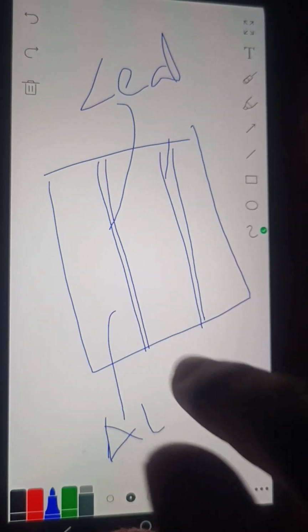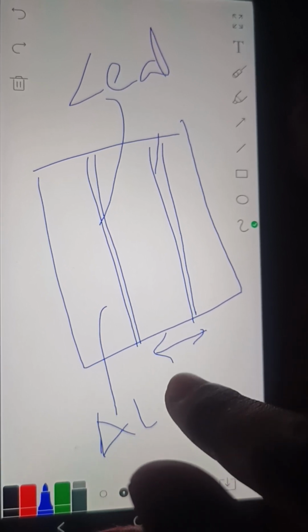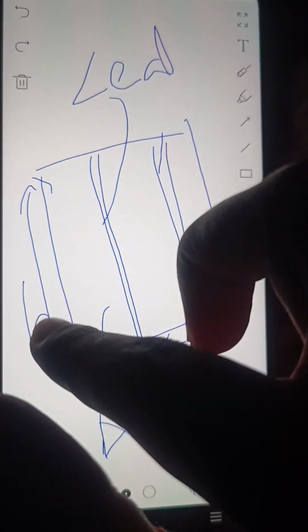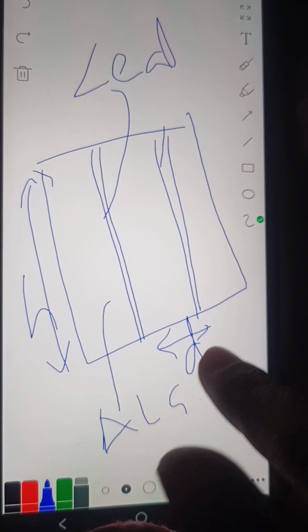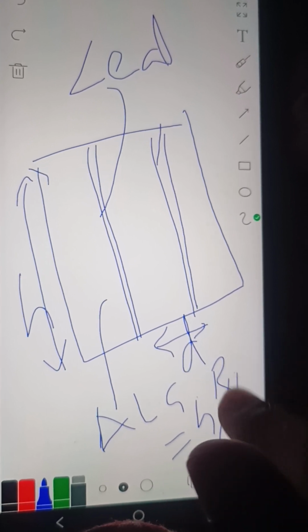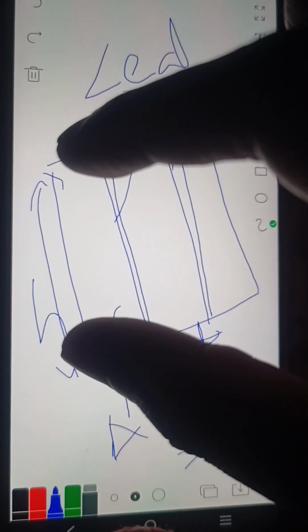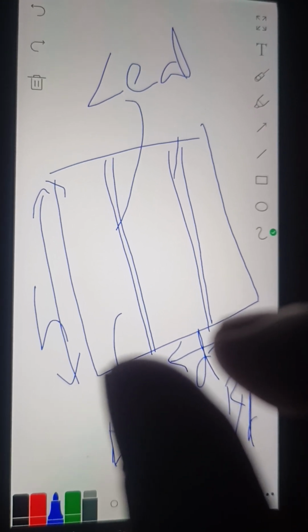If this width is small d and the height of the lead is h, then grid ratio equals h by d. This is called grid ratio, the height of lead by width of aluminium.